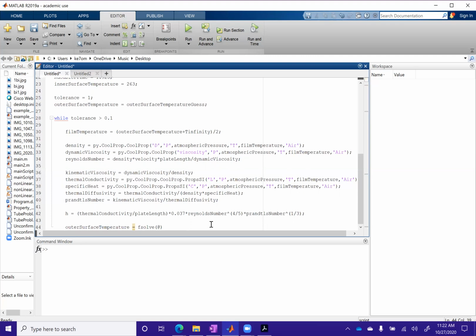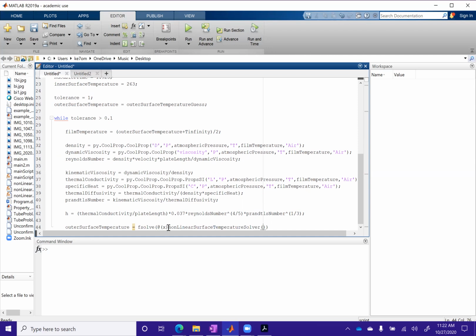At x. The way I'm doing it now will show you how you can pass in lots of variables, right? So you set this dummy variable x for now, and then I'm going to call it my nonlinear surface temperature solver.